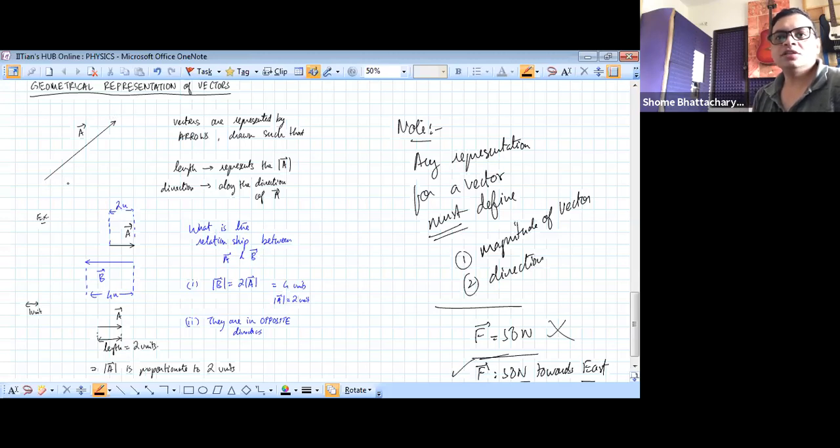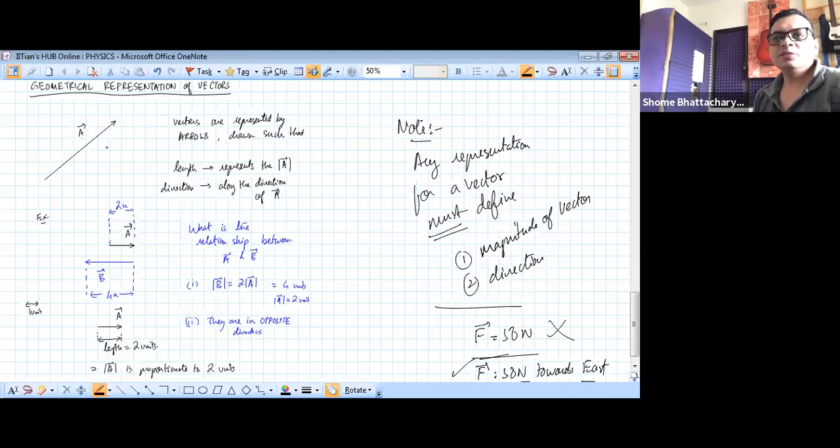Now an arrow here is such that it has two properties. It has a specific length. It's like a line segment with an arrowhead drawn on top of it. So a line segment always has a specific length. Like that, the arrow also has a specific length. And of course, the arrow has this thing which is called the arrowhead. The thing on top of it is called the arrowhead.